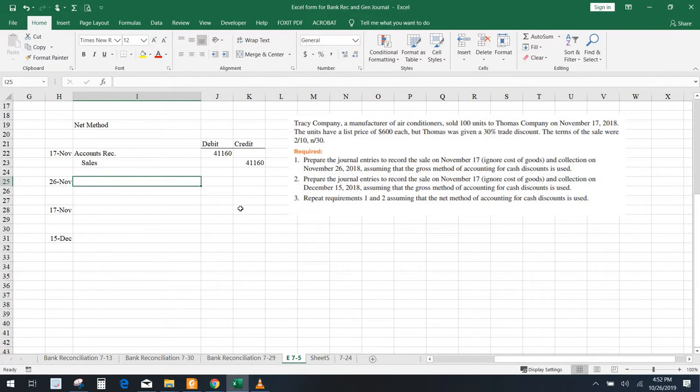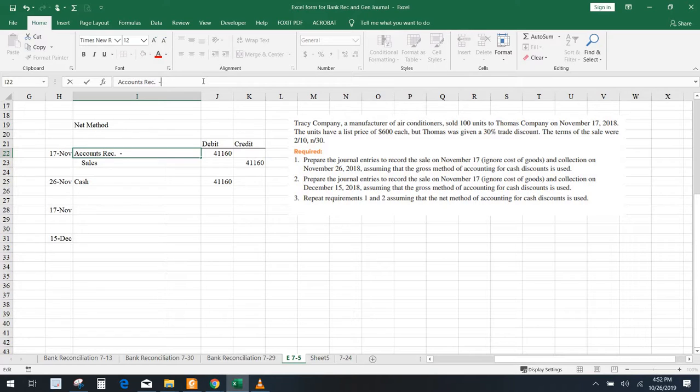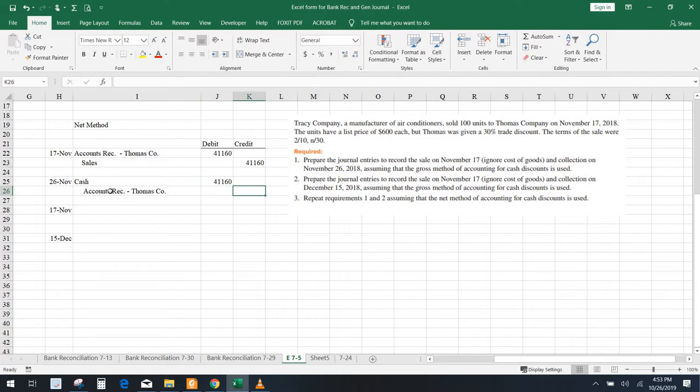They paid and got the discount, so it's going to be simply we received cash 41,160, and their accounts receivable balance is now zero.